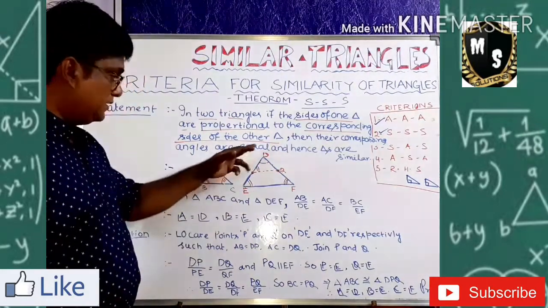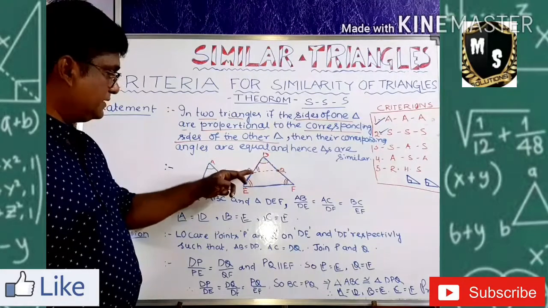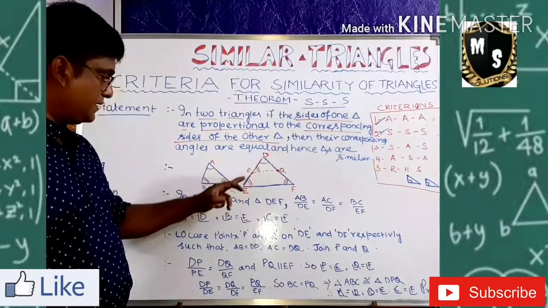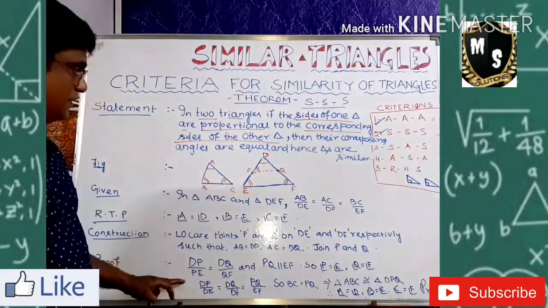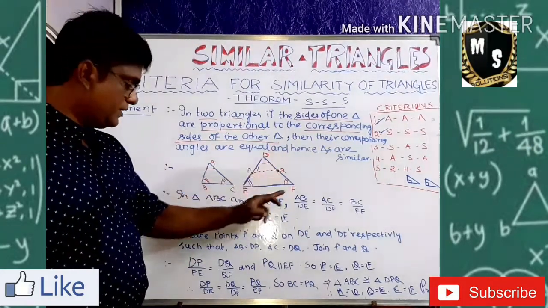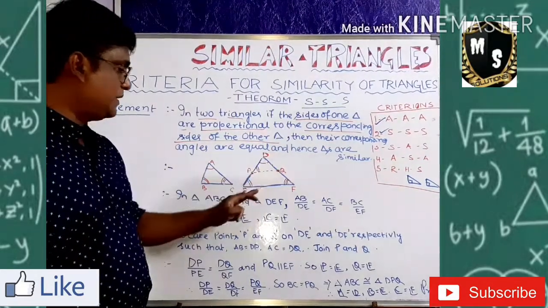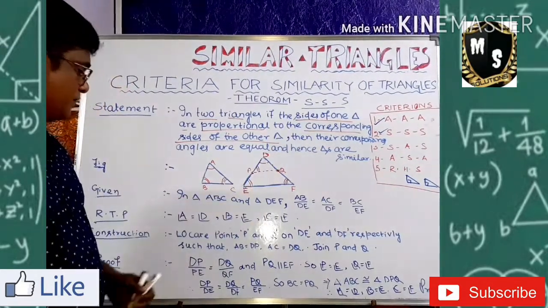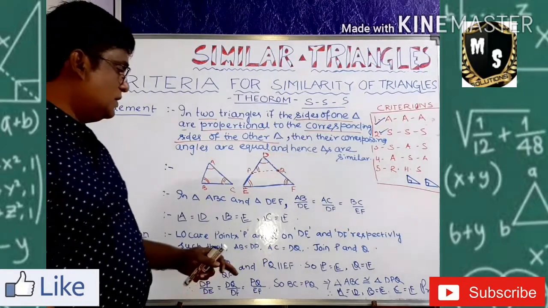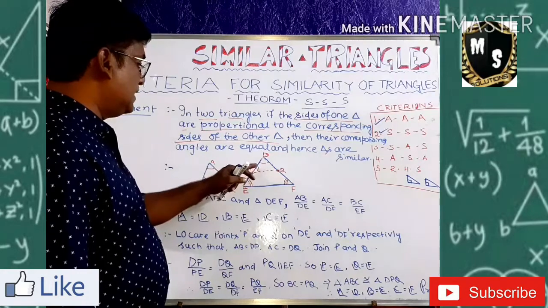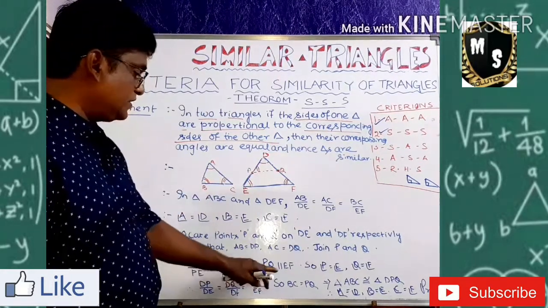Or in this triangle you see DP is equal to PE, DQ is equal to QF. So DP by PE is equal to DQ by QF. And you see PQ is parallel to EF. Why is PQ parallel to EF? Because of the corresponding equal sides, PQ is parallel to EF now.